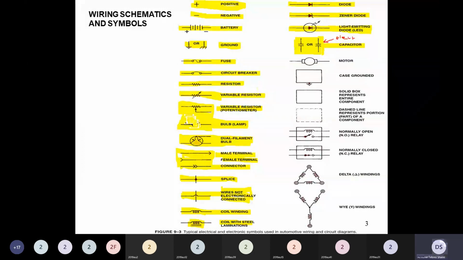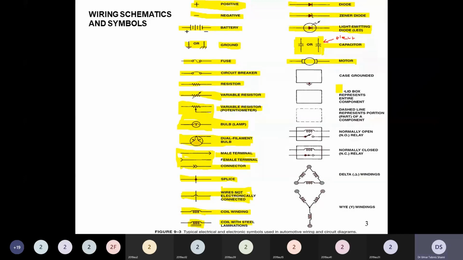Then comes the fifth symbol. This is the motor. A motor is used at many locations within our automotive electronic application, and the motors normally used will be DC motors.